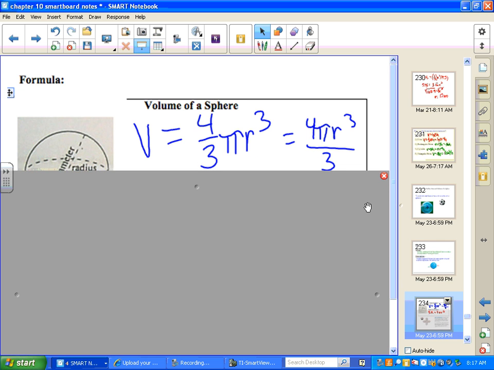Okay, volume. Shh, listen. Volume is 4/3 times pi times r cubed. If you prefer, you can write it as 4 times pi times r cubed divided by 3.